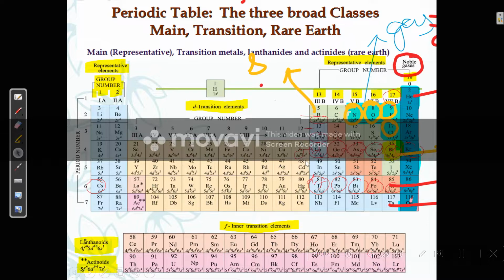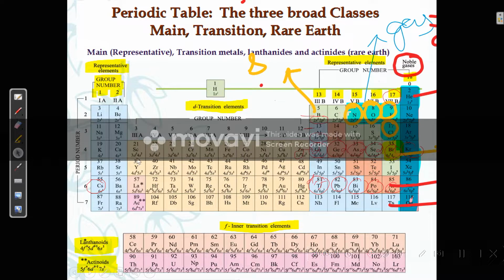But 12th group, that is zinc, cadmium, mercury, this 12th group is d block elements, but they are not called transition elements because d orbital is fully filled both in ground state as well as its common oxidation state. So what is the meaning of common oxidation state? Means d block are called transition element because the d orbital is partially filled either in ground state or any one of the oxidation state.